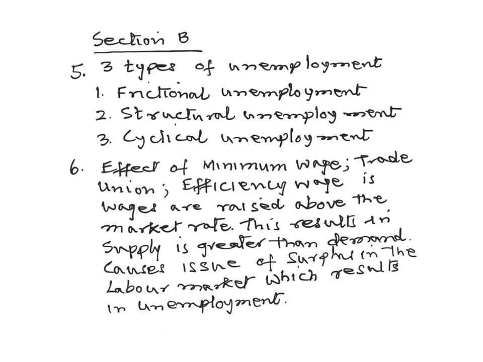According to efficiency wage theory, workers are more productive and profitable when employers pay them higher wages above the market wage. Because wages are raised above the market rate, there would be increased unemployment.